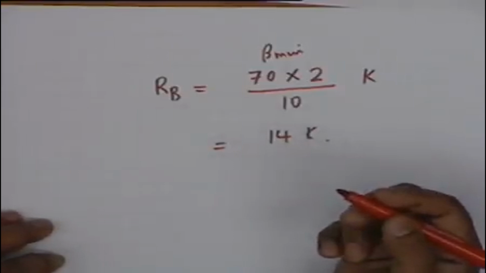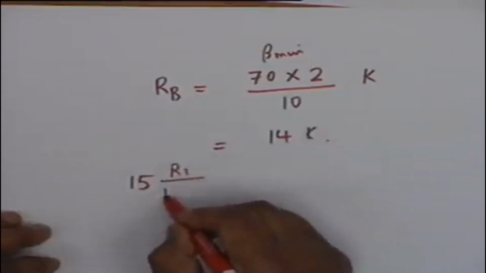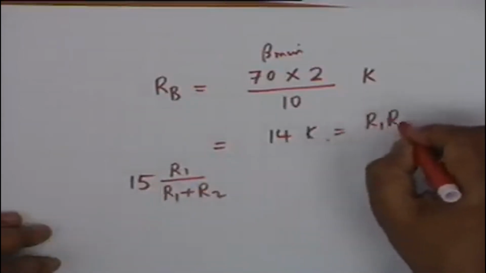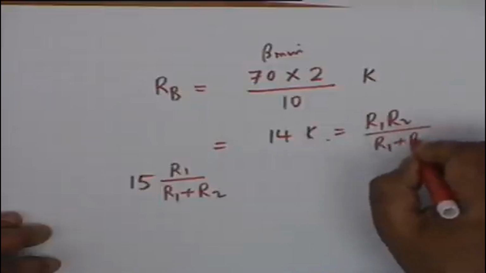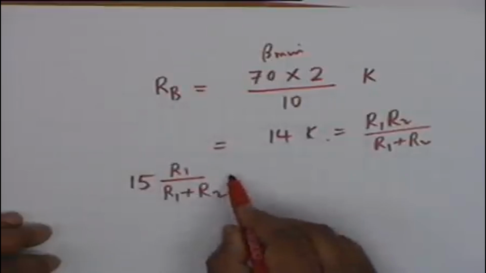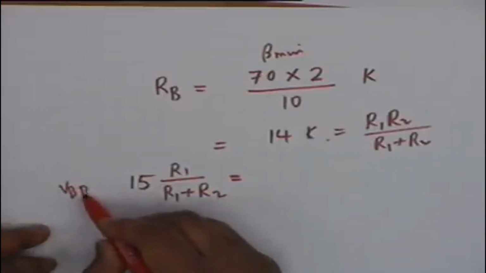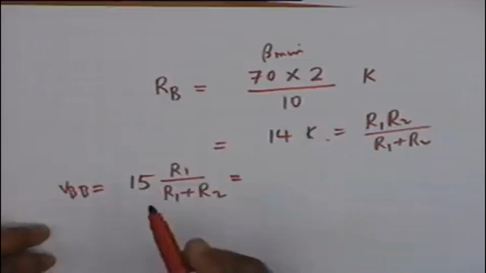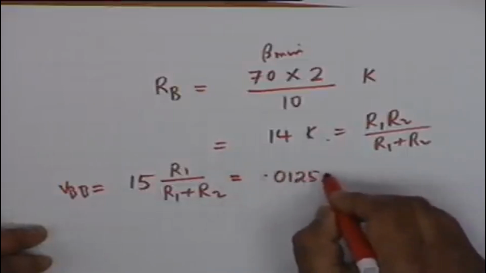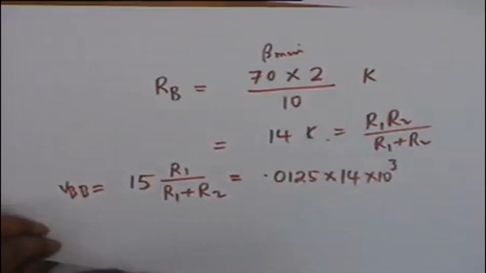Then we have to find out VBB. VBB would be 15 R1 divided by R1 plus R2. Well, this is R sub B, R1 R2 divided by R1 plus R2. Then VBB would be equal to IB RB, which is 0.0125 multiplied by RB, 14 times 10 to the 3.